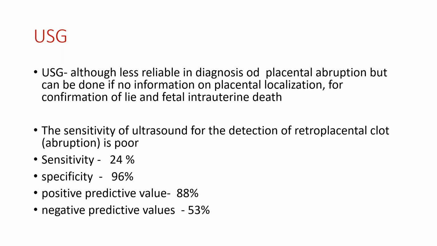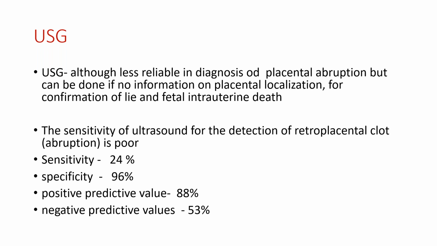Why is it less reliable? Because of the hematoma which is there, on imaging you may not differentiate between hematoma and placenta, so it's very difficult to differentiate between them.